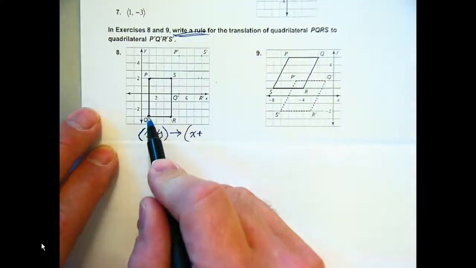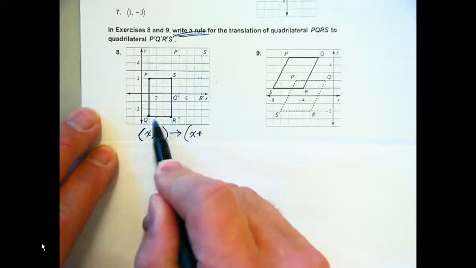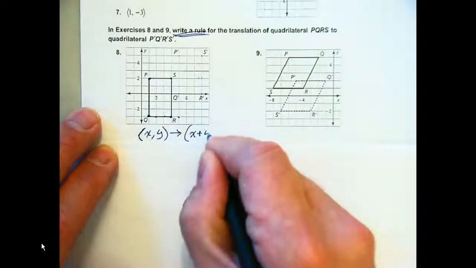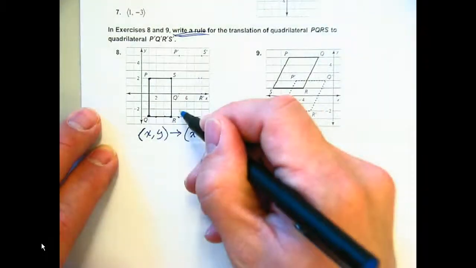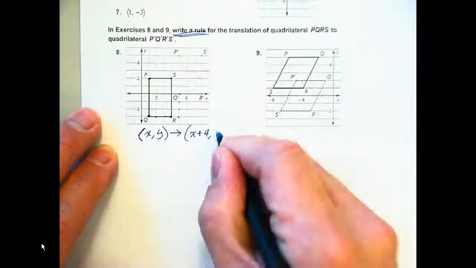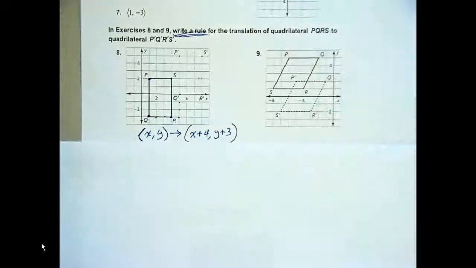To get from q to q prime, we have to add 1, 2, 3, and 4. So you go over 4 units. And then we take all of our y values and we move them up 3 units. That is our rule. So we're saying x plus 4 and y plus 3.